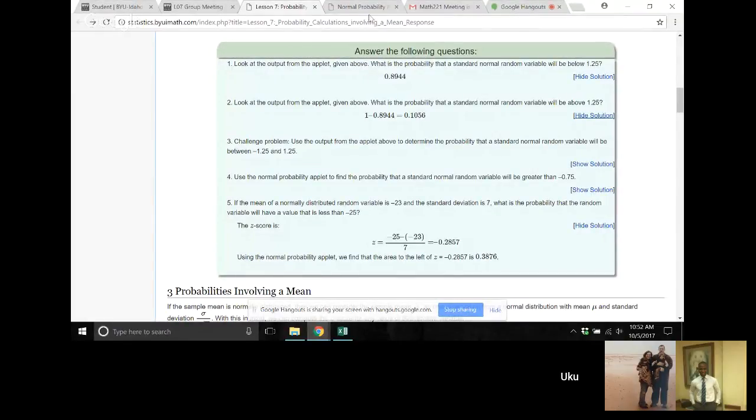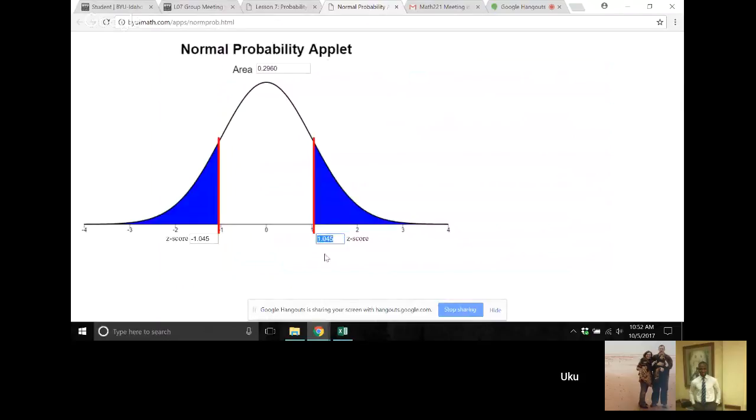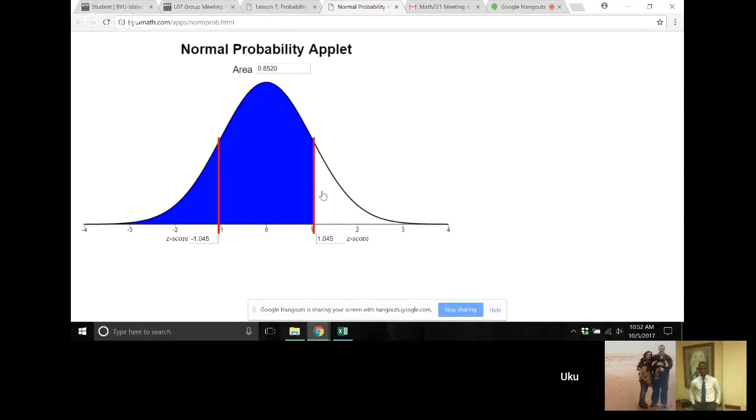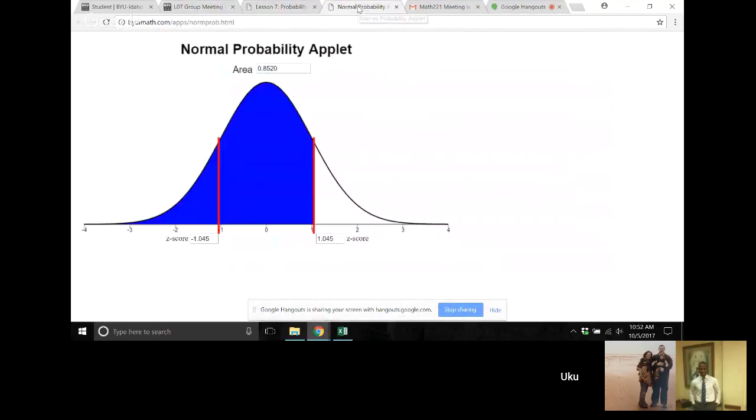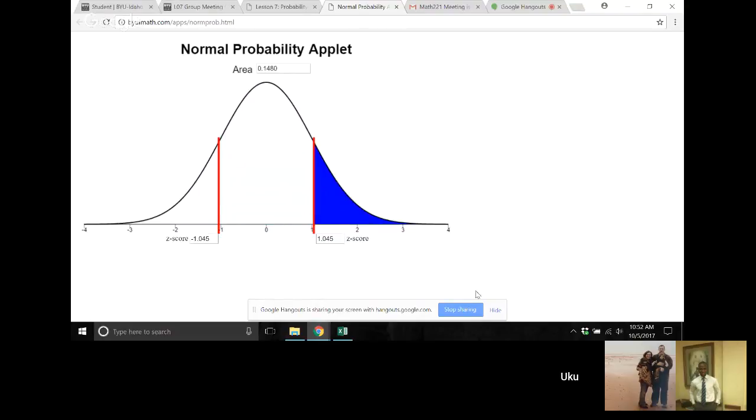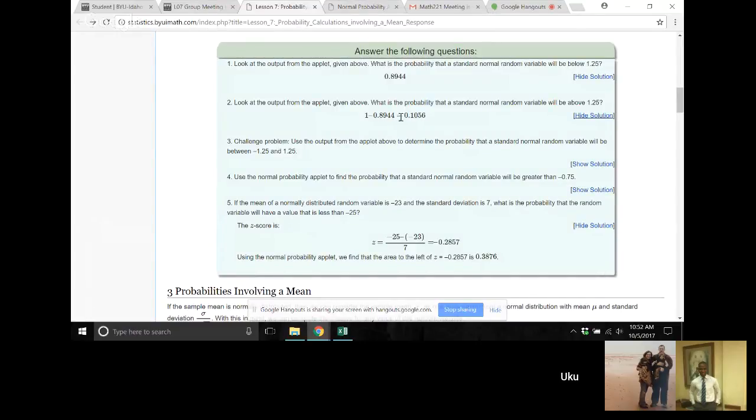All right. So then I come to the app, I put it in. So this is a probability of it being below, right? Wait, is it asking for the mean? 1.045, yes. So then the probability of it being above, if we take this out, I don't know if we need more calculation there, but I'm thinking that's what it did here.